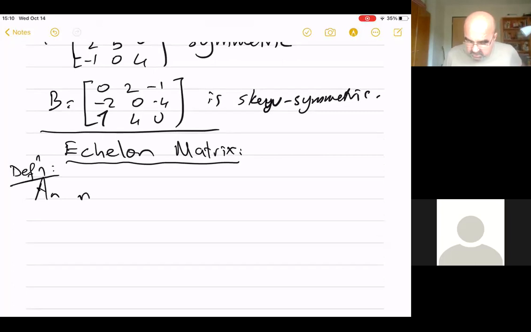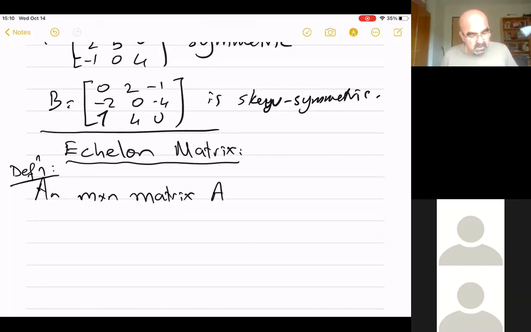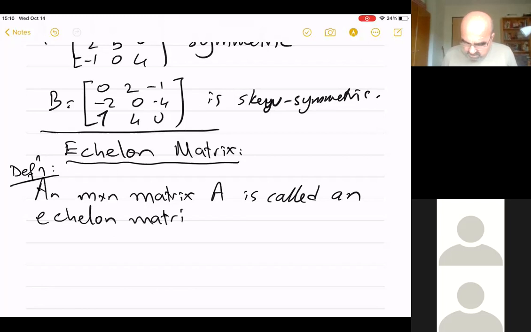An M cross N matrix A is called an echelon matrix. I guess it's called echelon or echelon, whatever. The pronunciation is not important.